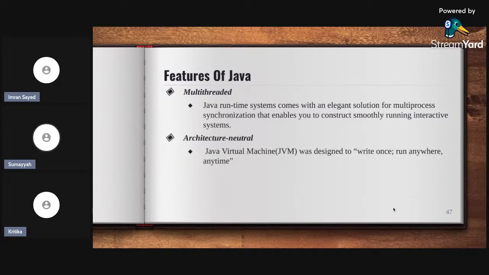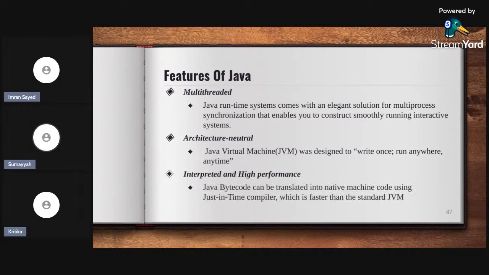Architecture neutral. Java Virtual Machine was designed to write once, run anywhere, anytime. Interpreted and high performance. Java bytecode can be translated into native machine code using a just-in-time compiler, which is faster than the standard JVM. It also facilitates running one time and caching the results for the future.